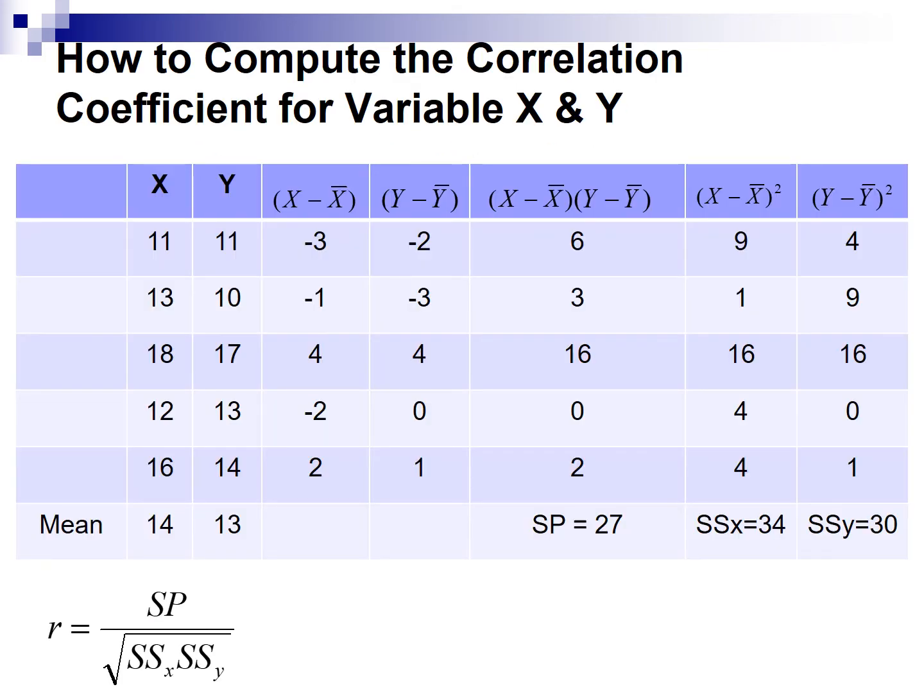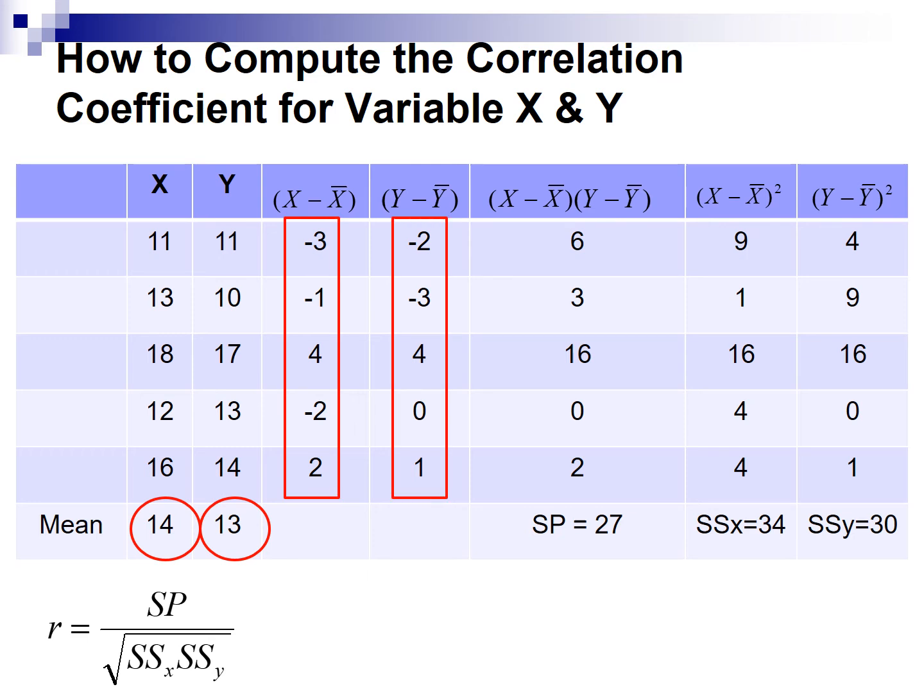Okay, following this table, we can compute the mean of x and the mean of y. Then we compute deviation scores for each x, then deviation scores for each y. Then we compute the products. The sum of the products is 27.